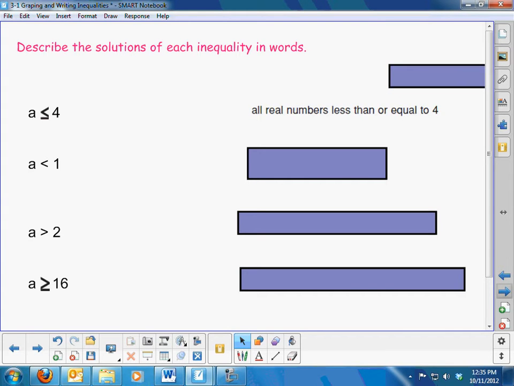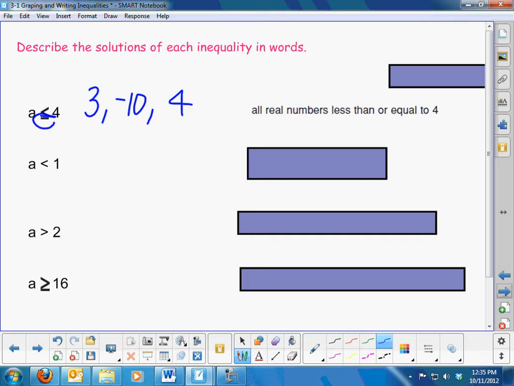So all real numbers less than or equal to 4. So different numbers that would make this true would be the number 3, the number -10. Would the number 4 make that statement true? Yes, 4 is equal to 4. So because of that line right there, 4 would also make that true.